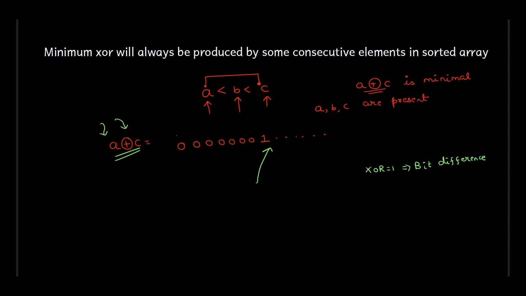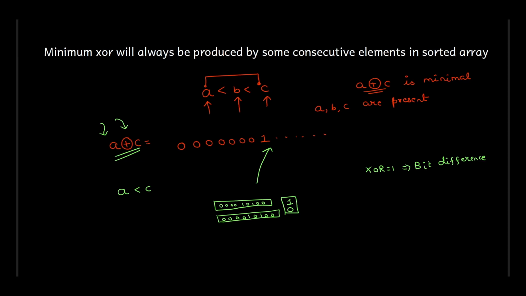Now, if I say that A is less than C, what does this statement mean? This means that A and C will share a common prefix of that bitwise representation, which will be mostly 0 0 0, then 1 0 1 0, etc. And then C will also have this representation 1 0 1 0 0, and at some point, since C is the higher number, C will be 1 and then A will be 0, right?